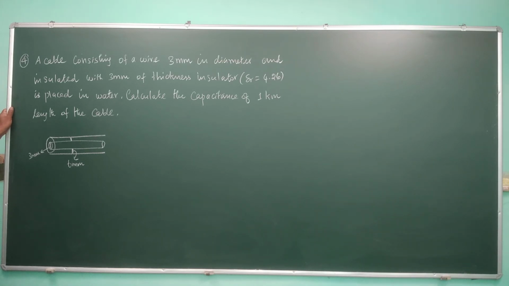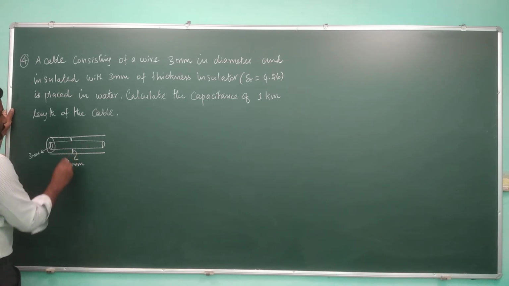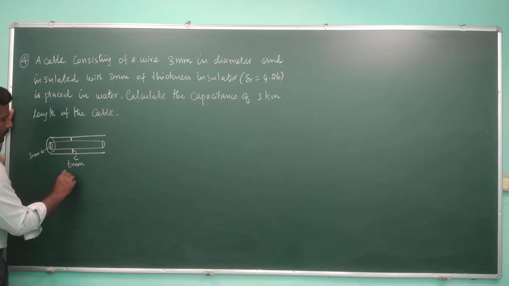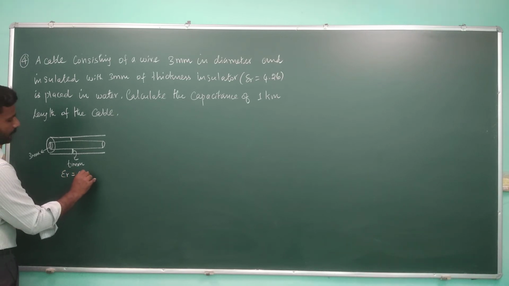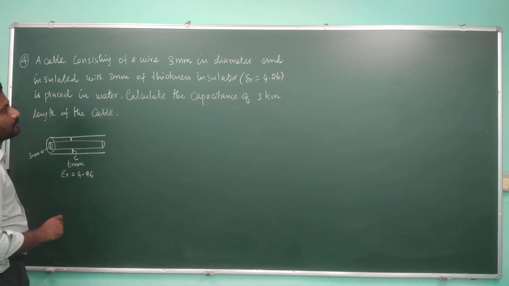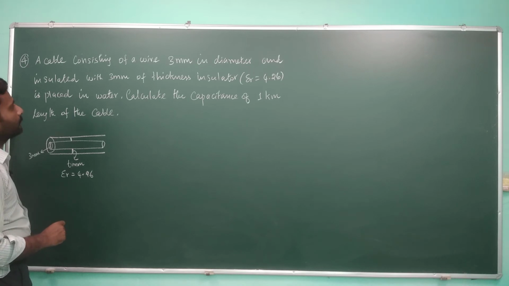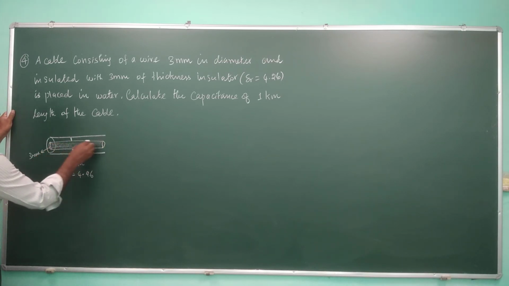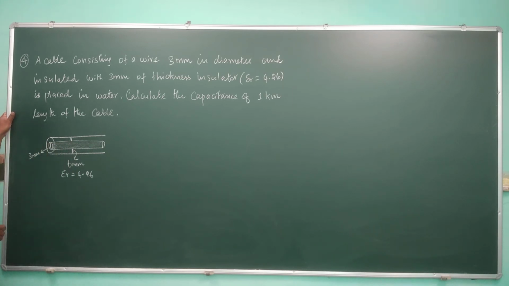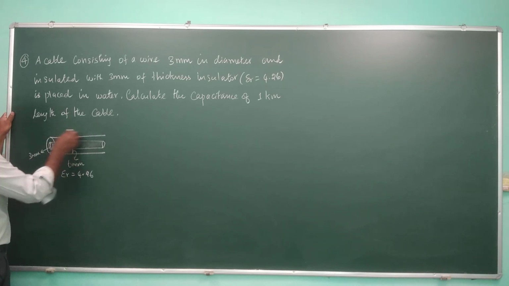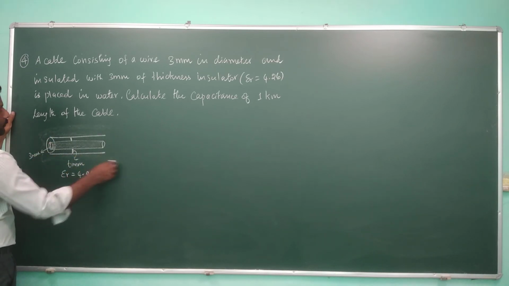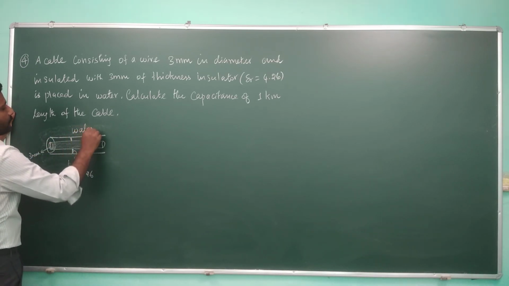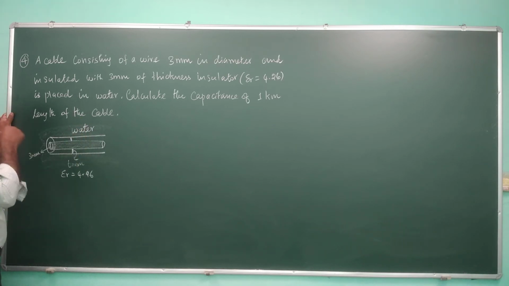Now the relative permittivity of this insulator is epsilon r equal to 4.26, which means this insulator is a solid medium which is not air. Now it is placed in water. So this will act as one metal to conduct the charge, and it is enclosed by a water medium, which will serve as another conductor for the capacitor.